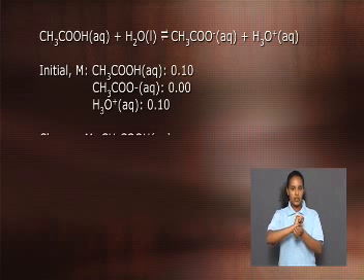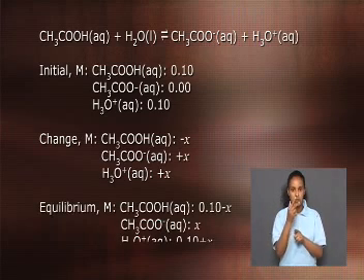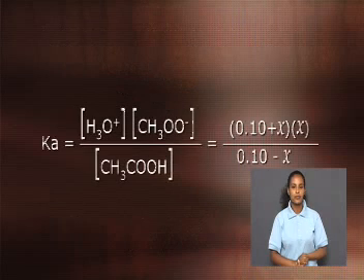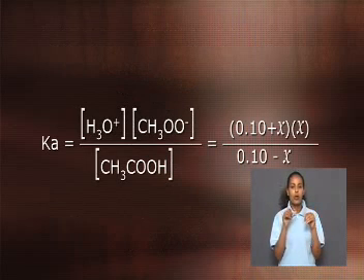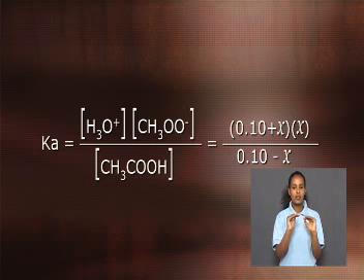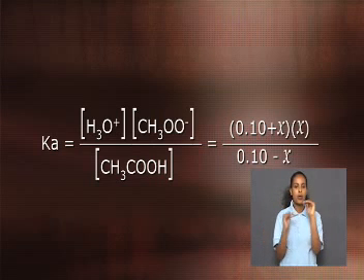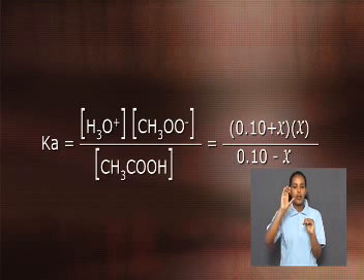The change and equilibrium shifts that occur are as you see here. Therefore, the acid dissociation constant of acetic acid is equal to the equilibrium concentration of hydronium ion times the equilibrium concentration of acetate ion divided by the equilibrium concentration of acetic acid.